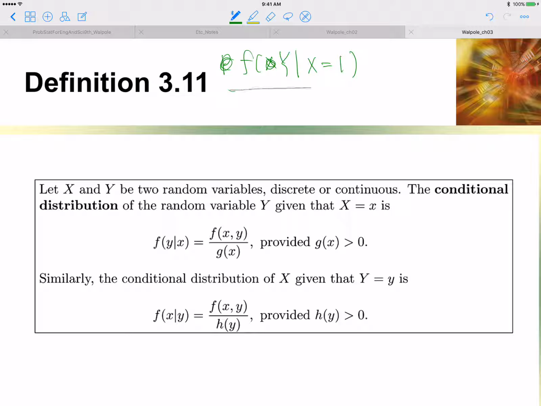But in this case, the summation of this particular function may not be 1. For a conditional distribution, we have to satisfy that it should always sum up to 1 in order to call it a probability distribution, right?